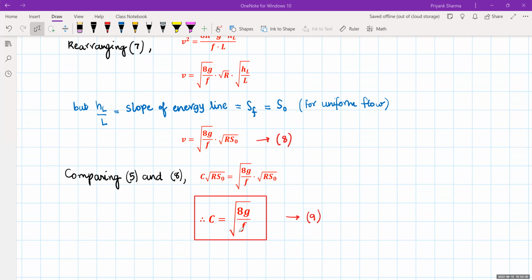So if you are given the Darcy-Weisbach friction factor, then you can get the Chezy's coefficient. The Darcy-Weisbach friction factor, we usually analyze from the Moody's chart, where you have the Reynolds number and relative roughness, and based on that you get the Darcy-Weisbach friction factor.